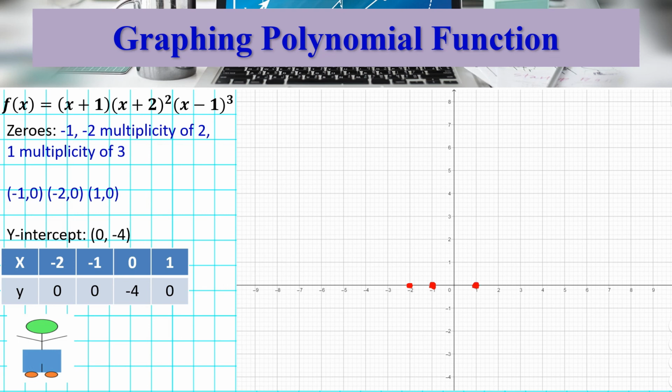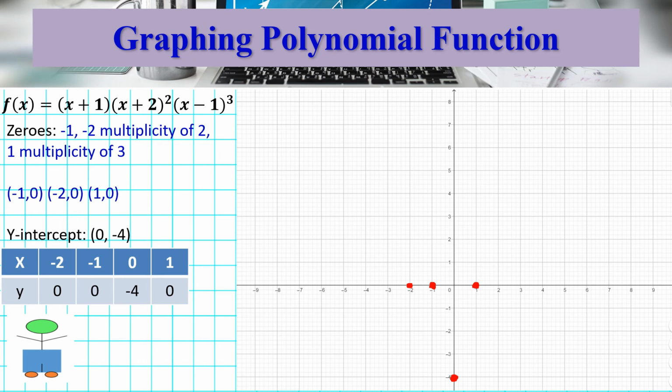Then next, na-plot na natin yung tatlong zeros. Yung y-intercept naman, we have 0, negative 4. So, 0, negative 4, ito ang ating y-intercept. Next, meron pa bang pwede i-plot? Okay, so yan na yung magiging itsura niya.